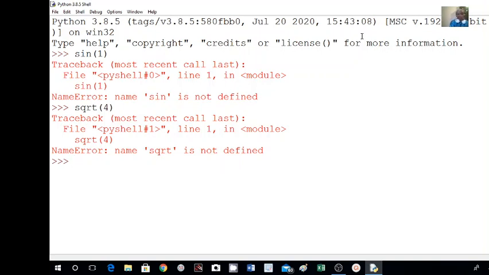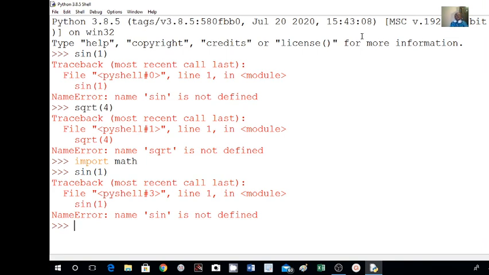For that, what I do here is I will write import math. Enter. Now let me try sine of 1.